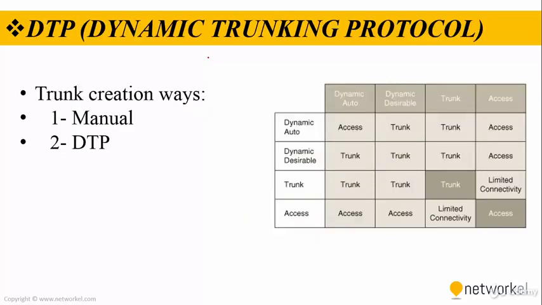And let's take a look at the Dynamic Trunking Protocol, DTP. DTP is a Cisco proprietary networking protocol developed by Cisco Systems for the purpose of negotiating trunking on a link between two VLAN-aware switches and for negotiating the type of trunking encapsulation to be used.